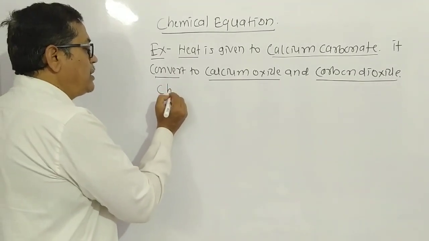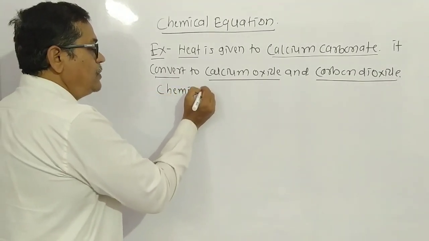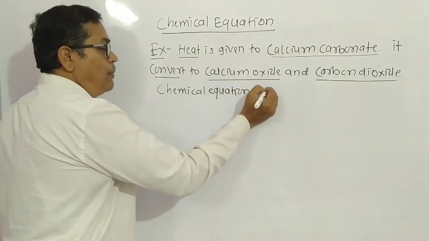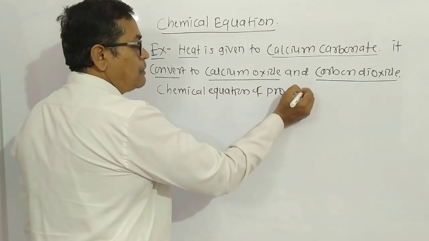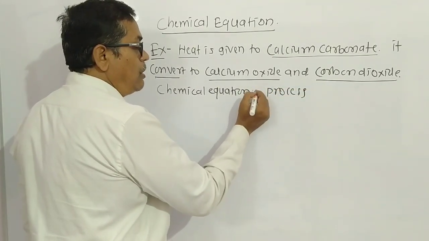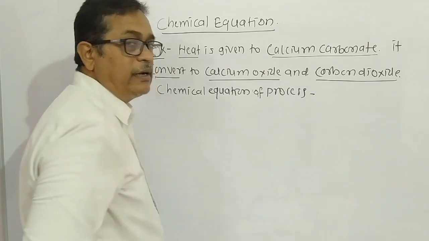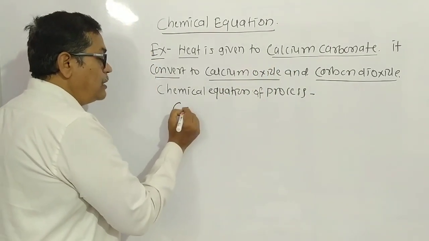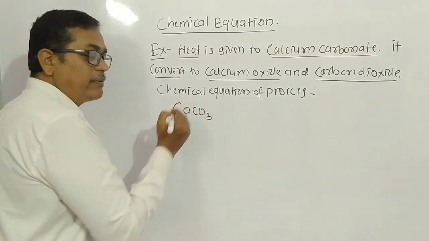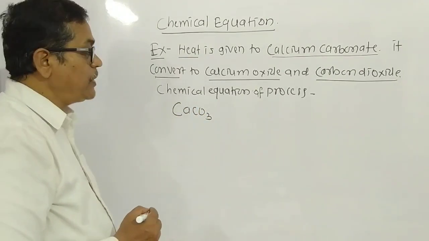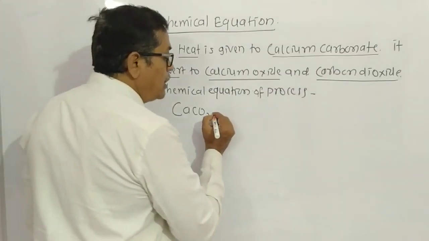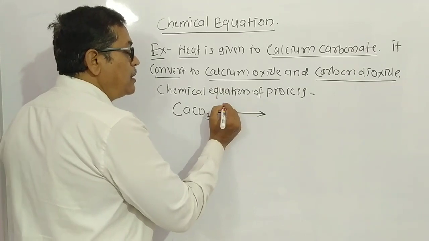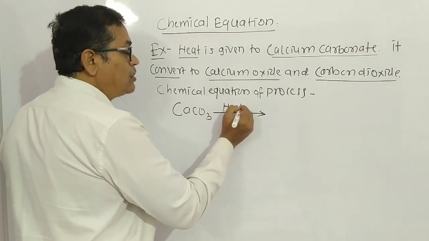Here we write the chemical equation of the process. How do we write the chemical equation of this process? Calcium carbonate formula, CaCO3. Here we put an arrow between the reactant and product. Here we write heat on the arrow.